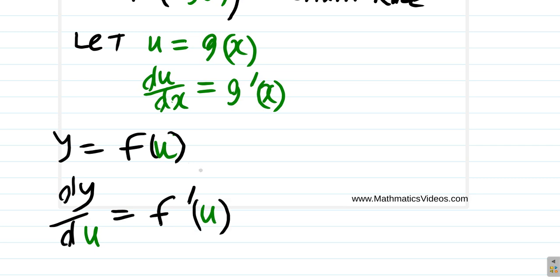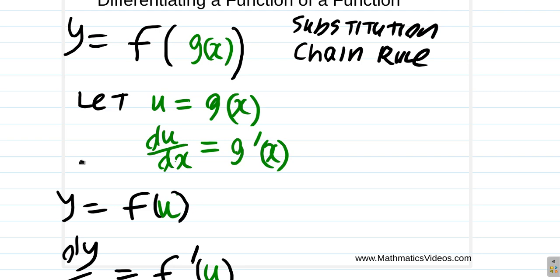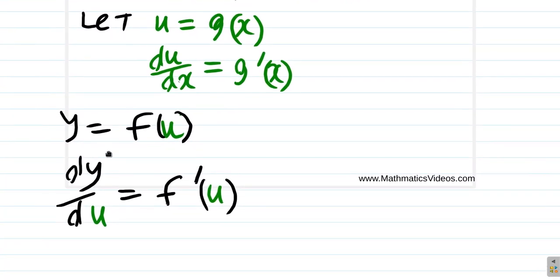So that's what we call the derivative of y with respect to u. When you differentiate it, we call it f prime of u. So here we have du by dx and you have dy by du. But we need dy by dx.